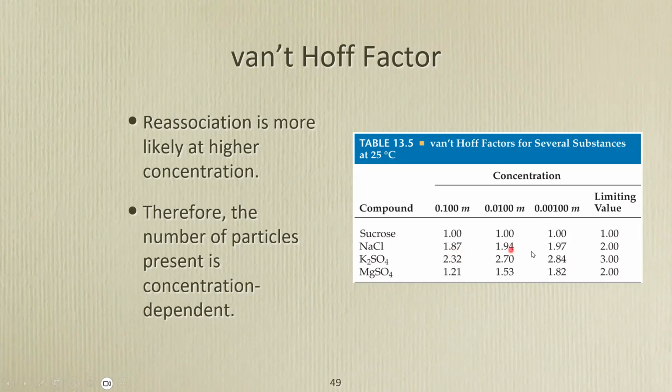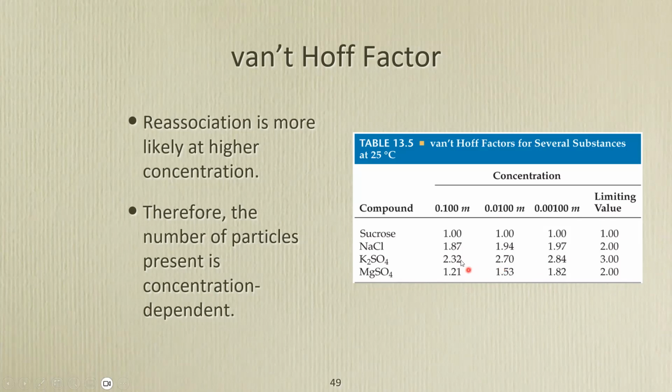And we can see as the concentration decreases, though, we start to approach that value more. So with the sodium chloride, 1.87 with the 0.1 molal solution. But then as we decrease it to 0.01 or 0.001, we see that number start to approach 2. And then we see the same trend with these other substances.